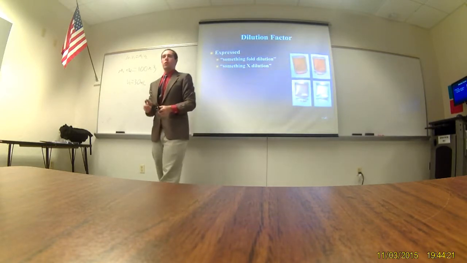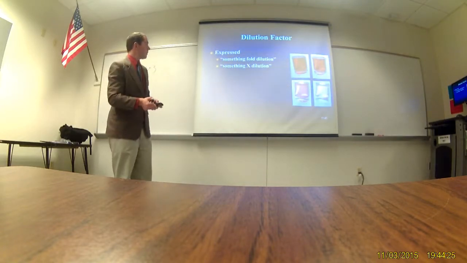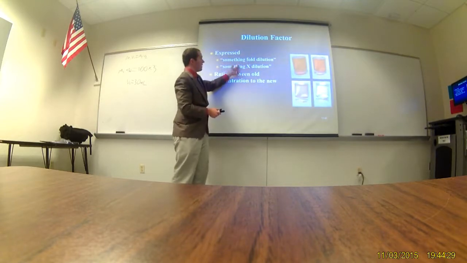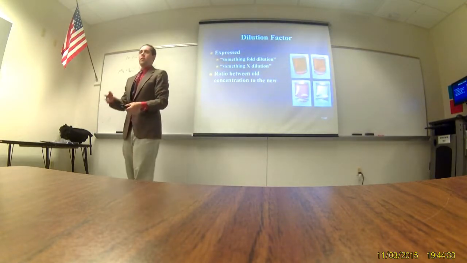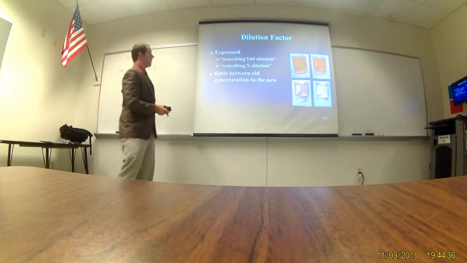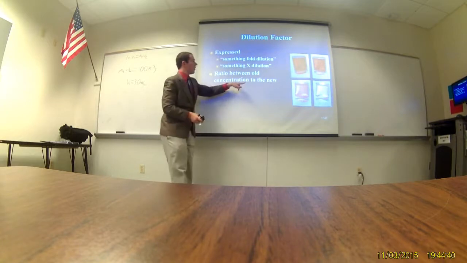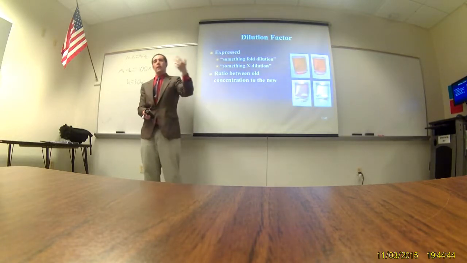That means that you have doubled your volume. What this is telling you is the ratio between the old concentration and the new. So in a 2-fold dilution, your old concentration is twice as high as your new concentration.